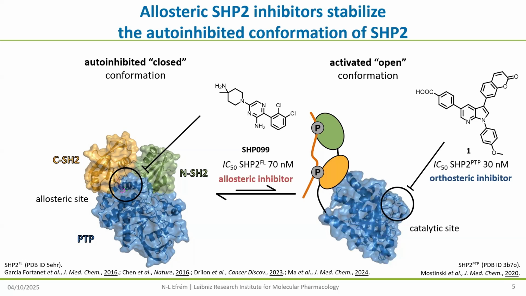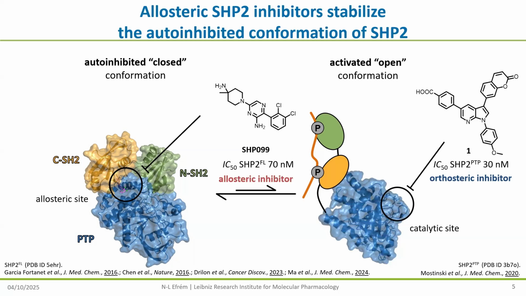The discovery of this allosteric pocket has really reignited interest in this protein target that had previously been deemed undruggable. But now, after the discovery and report on SHP-099, a whole wave of allosteric SHP2 inhibitors binding to that same pocket was disclosed, as you can see from these publications and others.